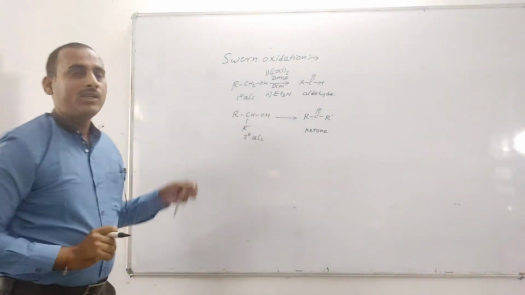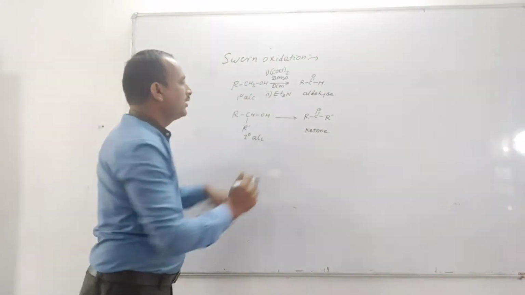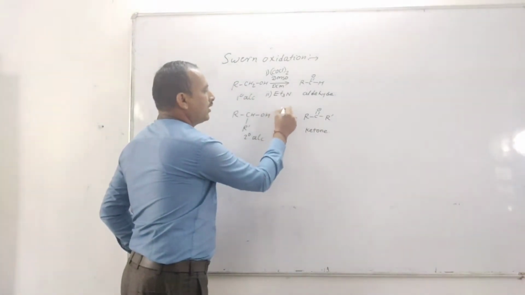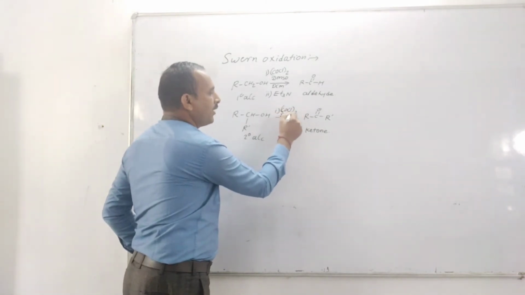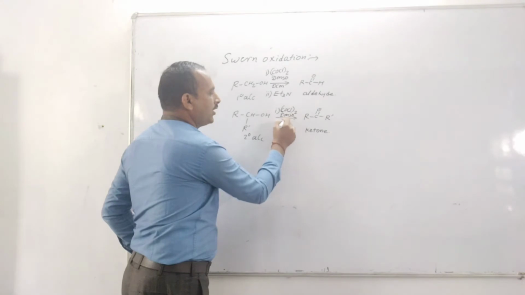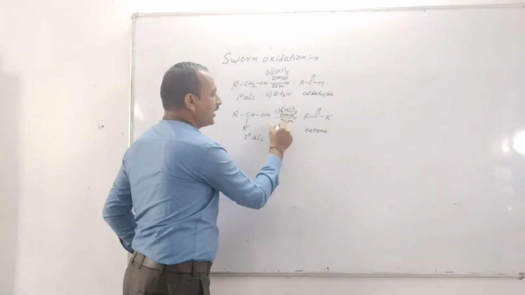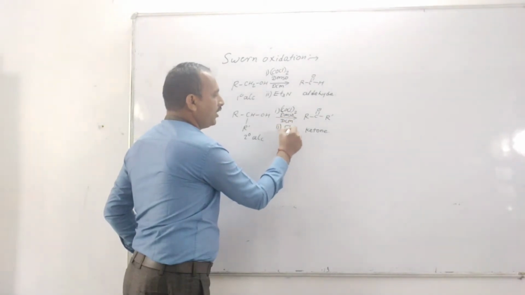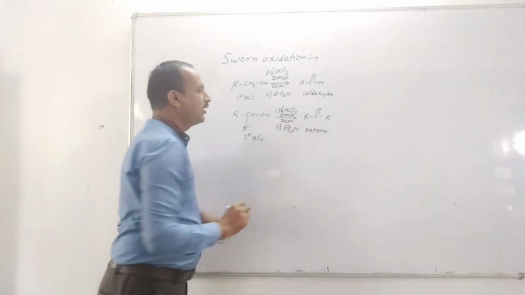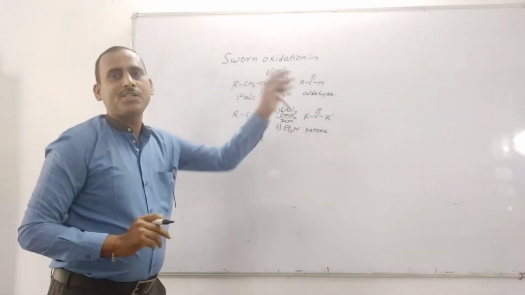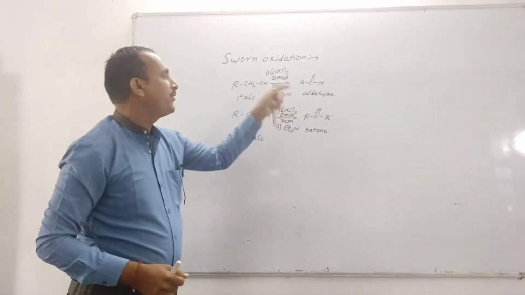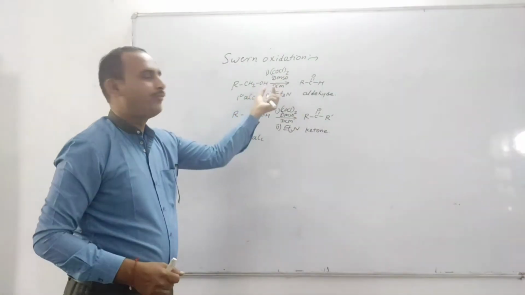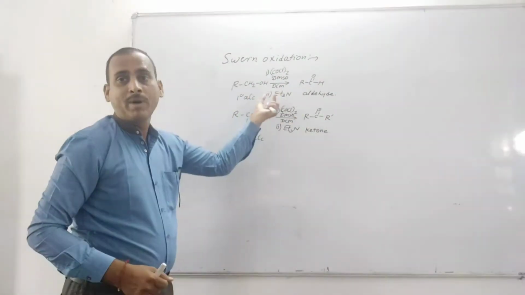Again here, oxalyl chloride, DMSO, dimethyl sulfoxide, in DCM solvent, and secondly triethylamine. This is the Swern oxidation reaction in which a primary alcohol is oxidized to an aldehyde by using oxalyl chloride, DMSO in DCM and triethylamine.